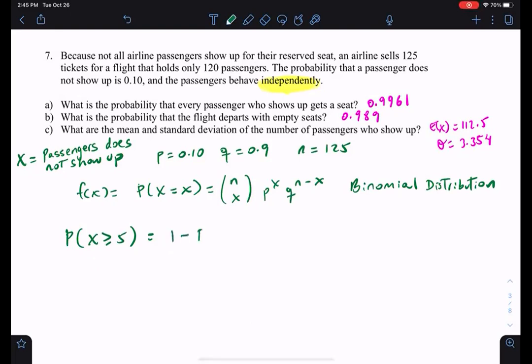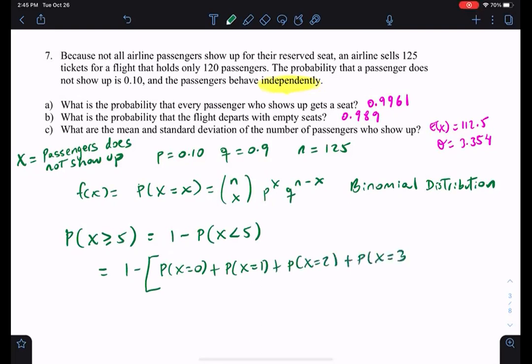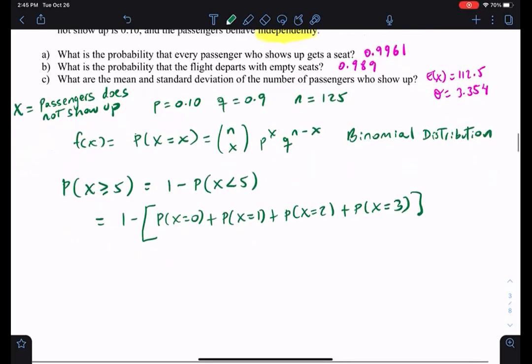So this is 1 minus the probability of x less than 5, which is 1 minus the probability of x equals 0 plus x equals 1 plus x equals 2 plus x equals 3, and 4. You know that this is a binomial distribution, so I'm going to do just two of them, because it would take a lot to write.